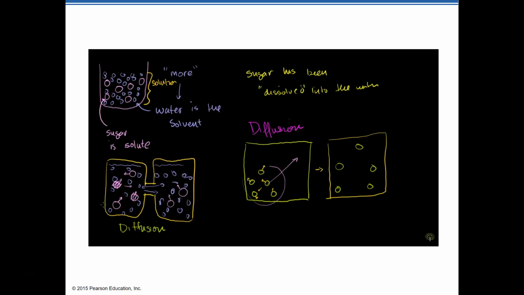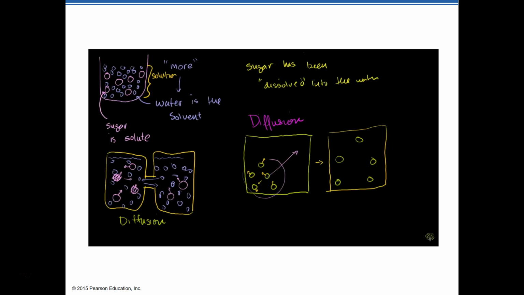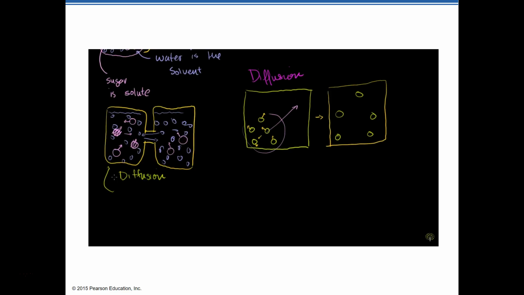And just so that we learn some other words that tend to be used with the idea of diffusion, when we started off, the left-hand side container had a higher concentration. Higher concentration. It's all relative, right? It's only higher than this guy. And this right here had a lower concentration. Lower concentration. And there are words for these things.